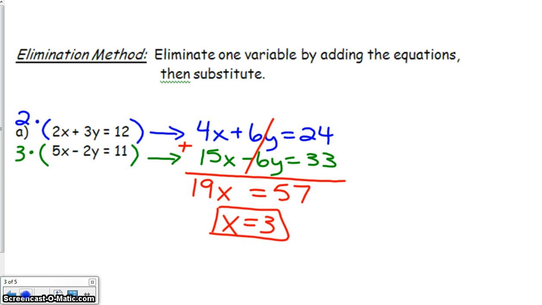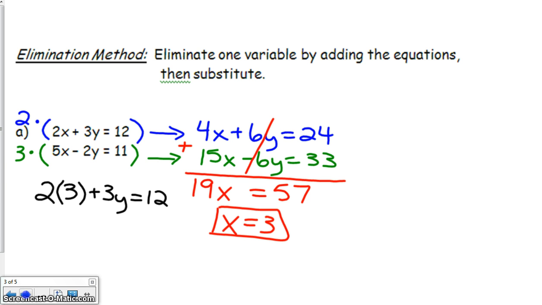I now have one of my variables solved for, so I can use substitution to solve for the other variable, to solve for y. When I substitute, I can plug x equals 3 back into either of the two original equations. Doesn't matter which one, I'll plug it back into the top equation. So I'm going to take x and I'm going to plug it in. So 2 times 3 in place of x plus 3y equals 12.